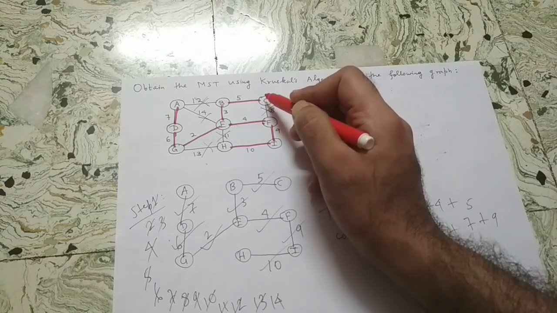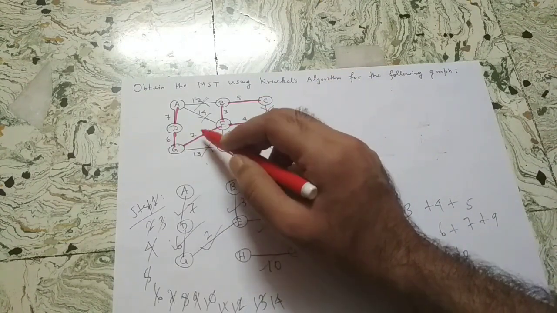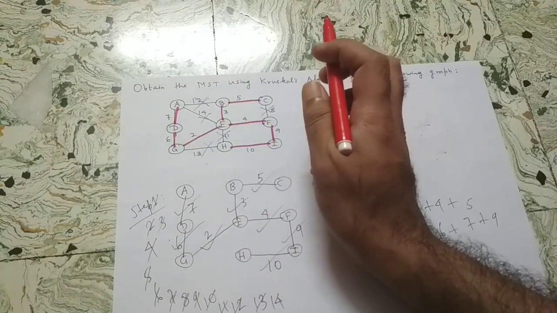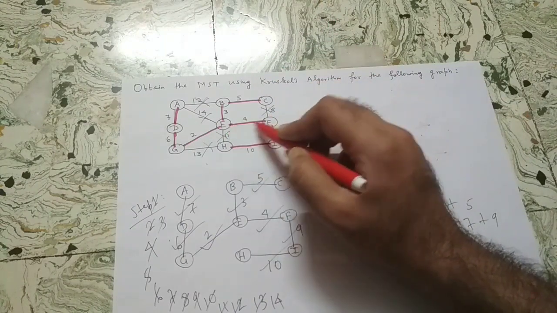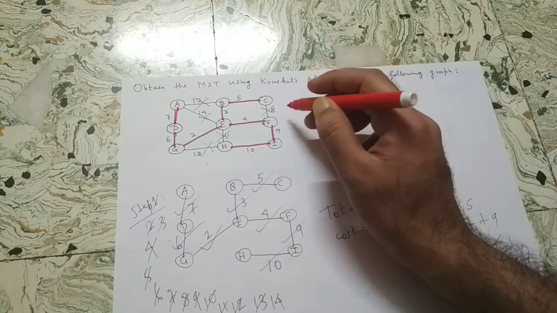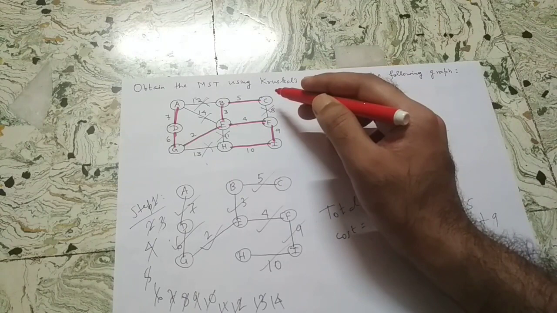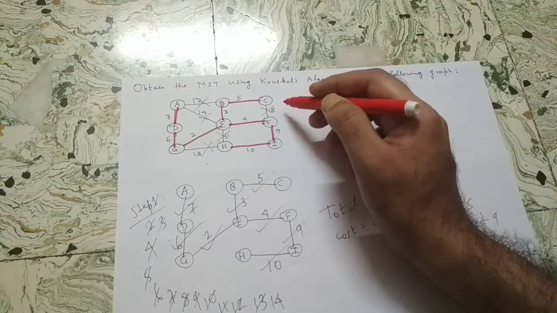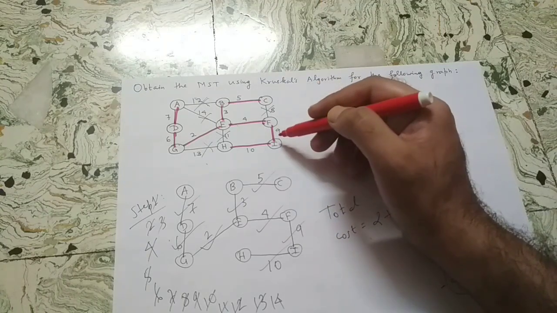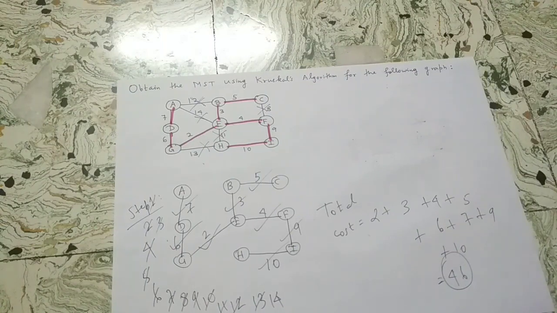Now after 5 I had the option of adding 6, so I added 6, which led to 7, and then because of adding 4, I had the option of adding 8. So instead of adding 8, I think we added 9, which was correct, and then we added 10. Okay, so now we'll move on to the next one.